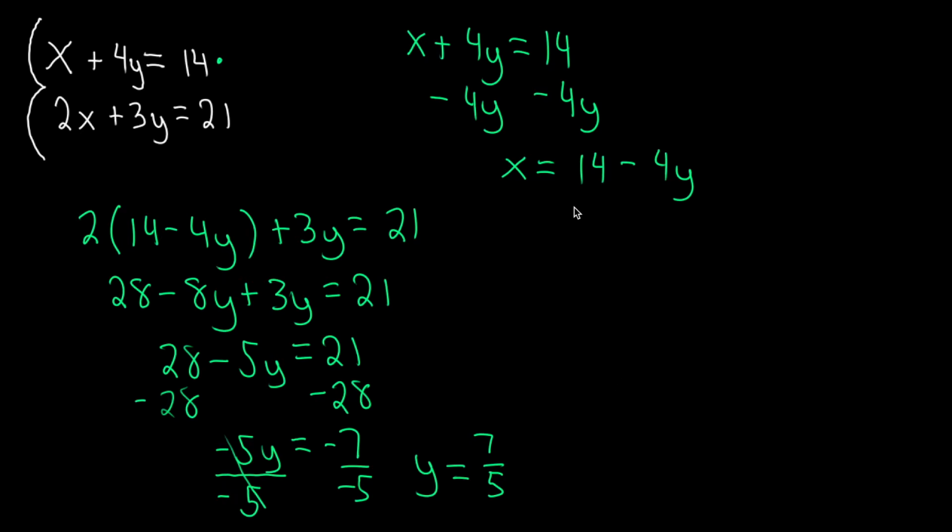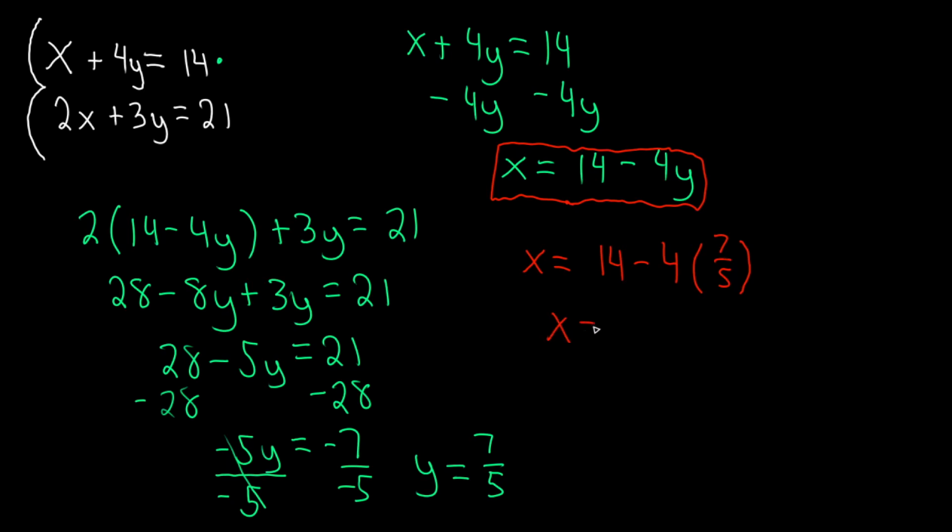Now to figure out what x is, I'm just going to take that new equation that we already made and plug our y into it. So x equals 14 minus 4 times 7/5. And there's a good chance you need a calculator to get this, but it would be 14 minus 28/5.